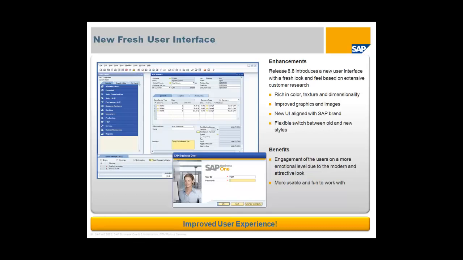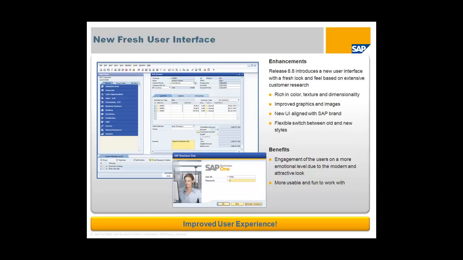We've improved the graphics and the images that we use as part of the solution. We've aligned the user interface with the other solutions in the SAP product portfolio, but we've still given you the ability to flexibly switch between the new user interface and the old user interface by deploying these user interface changes in what's called a skin. So you can quickly switch between those skins.